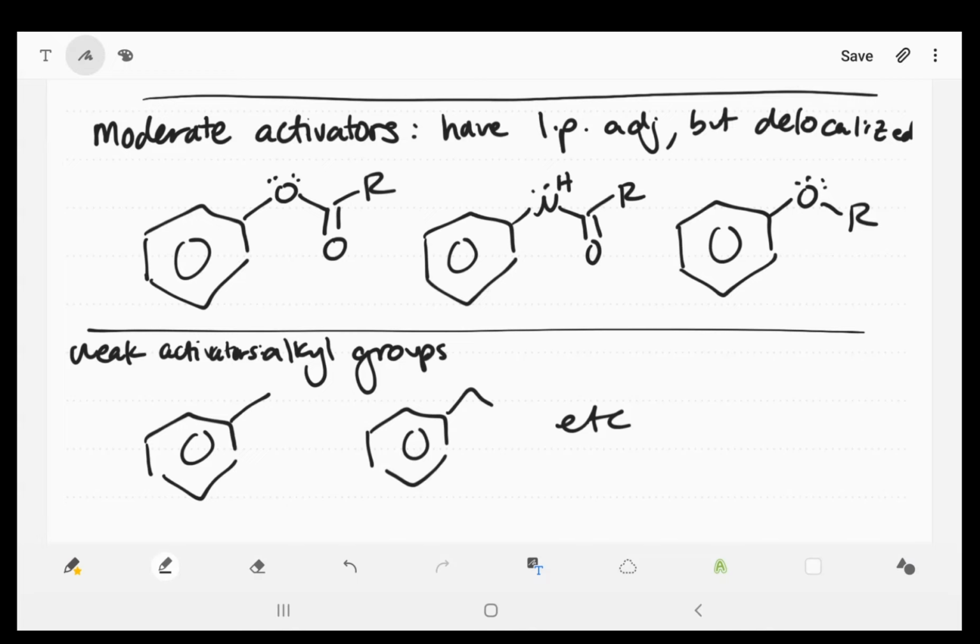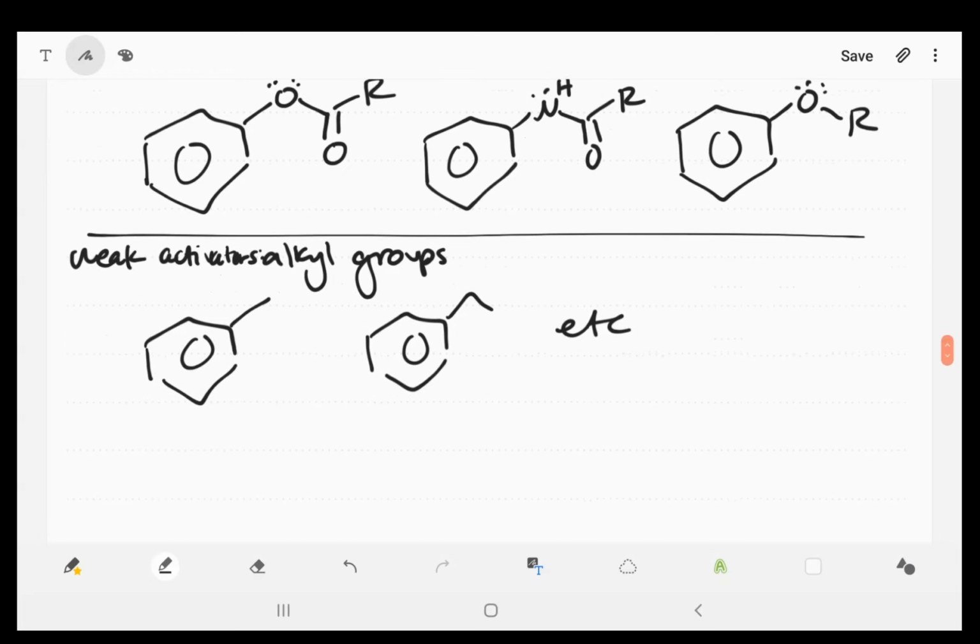That's just a question. Mm-hmm. Activator just means it could make the benzene more reactive. Correct, yeah. So it's going to help you make that reaction faster or more thermodynamically favorable. Okay, so yeah, so activators make your benzene more reactive. I'll write that down.